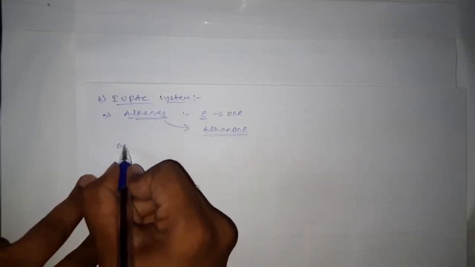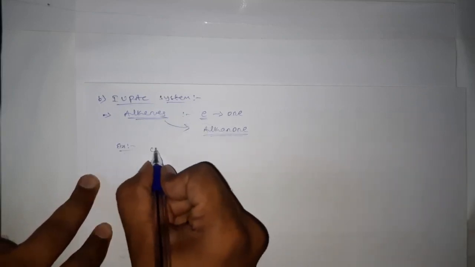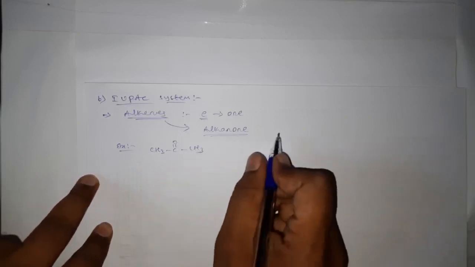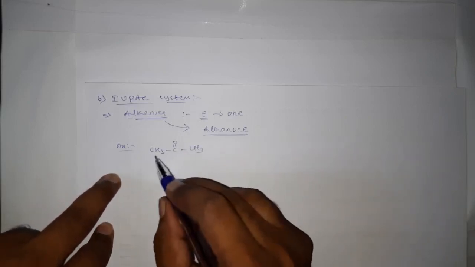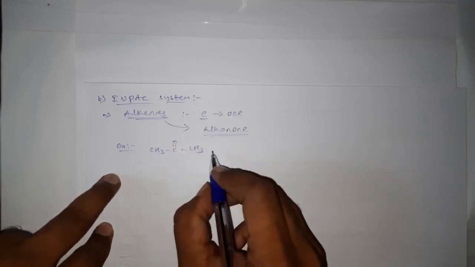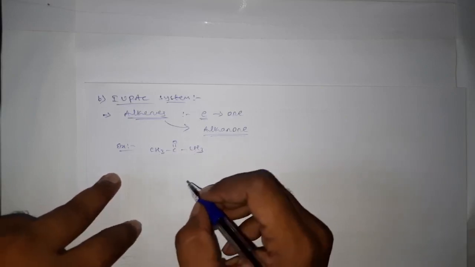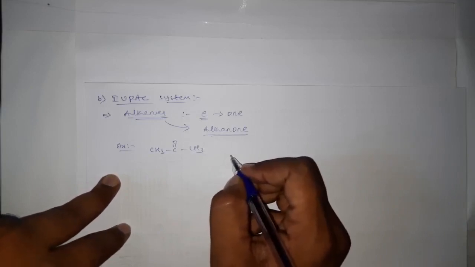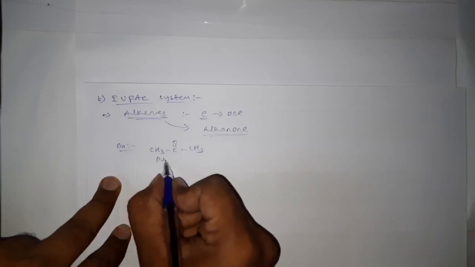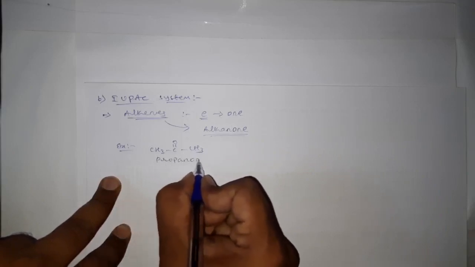Take for example CH3 C double bond O CH3, and it is derived from the parent alkane propane, and after replacing the E of propane and by adding the ONE, we will get propanone.